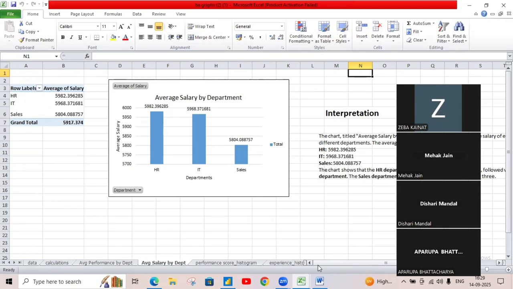Sales employees average 5,804, while the company-wide average is 5,917. The difference between the departments is modest, around 200 between the highest, HR, and the lowest, Sales. This indicates a relatively balanced pay structure across departments. Sales earns slightly less on average despite comparable performance scores.